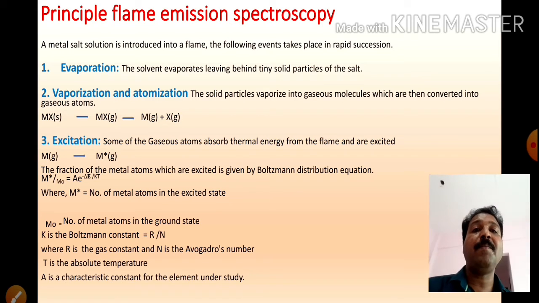T is the absolute temperature, A is a characteristic constant for the element under study, and delta E is equal to energy of electron in the higher excited state minus energy of electron in the ground state, that is equal to h nu.